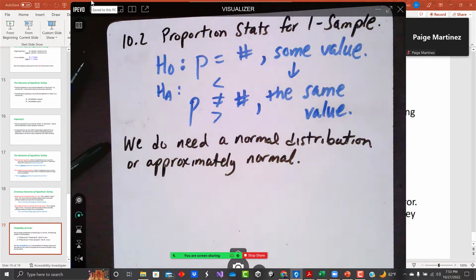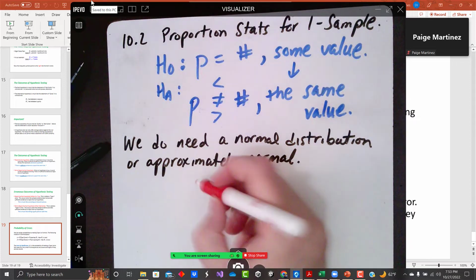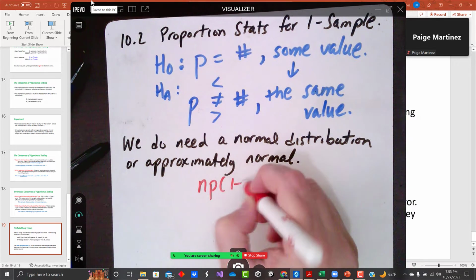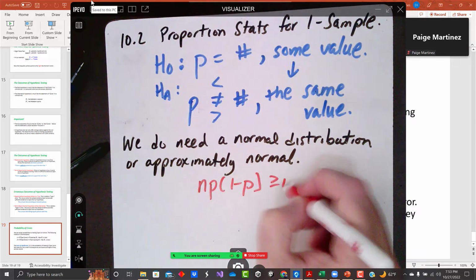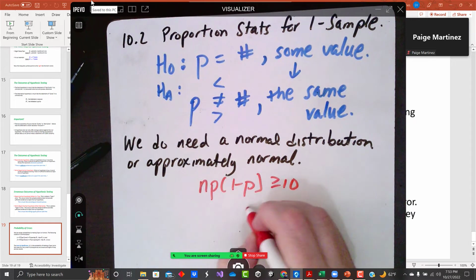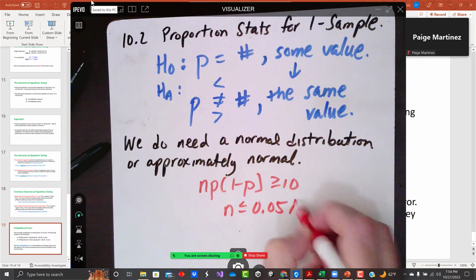Which means n times p times 1 minus p needs to be greater than or equal to 10. And n needs to be less than or equal to 5% of the population.